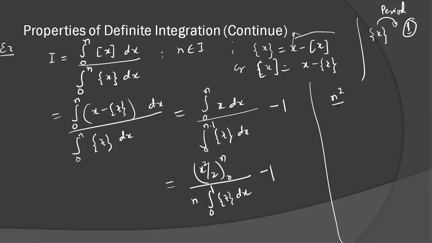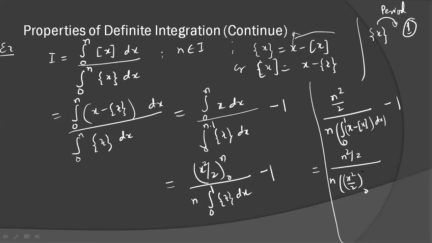So it is n square by 2 over n into, now break it again, the integral 0 to 1 of x minus the greatest integer of x, because we cannot evaluate the integral in terms of the fractional part function directly, minus 1. So it will be n square by 2 over n into, in 0 to 1, x will be x square by 2, from 0 to 1.